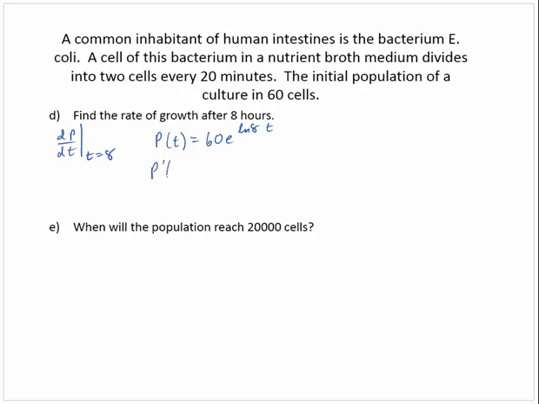So then P prime of t would be 60 times e to the natural log 8t, and then times the natural log of 8 by the chain rule. So notice that that's just kP.